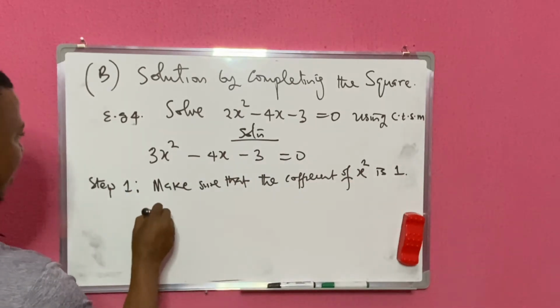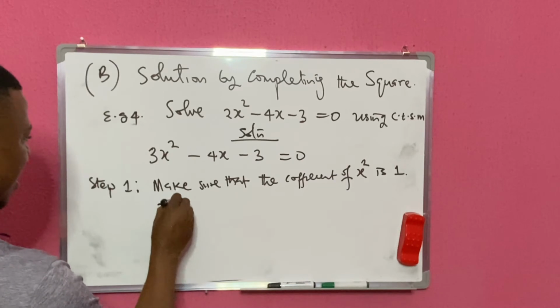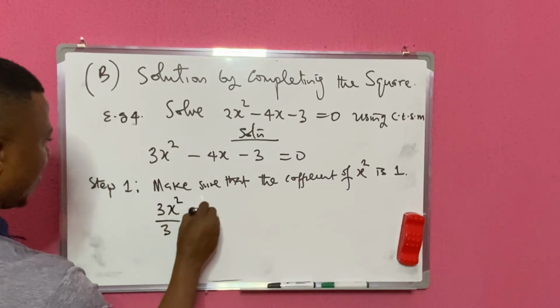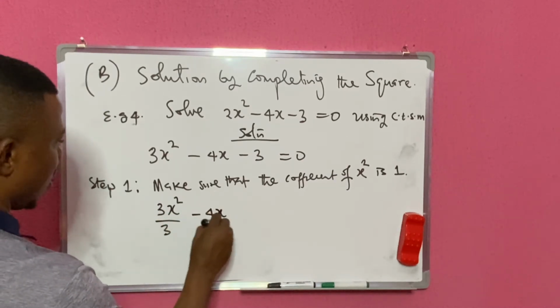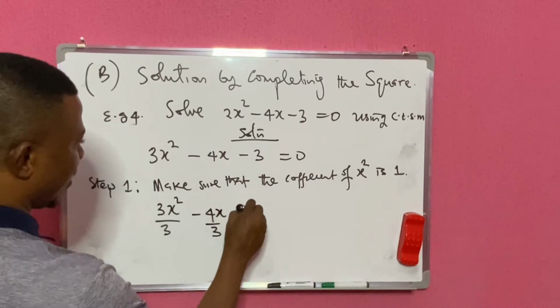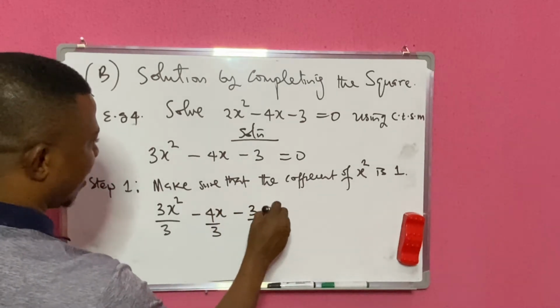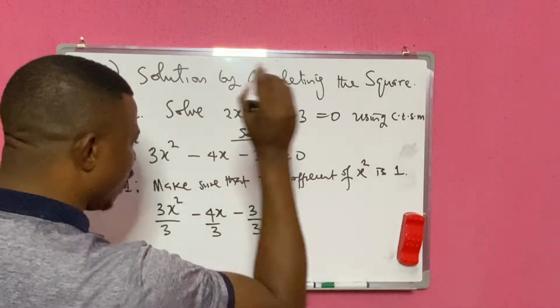You have over 3, over 3, over 3, over 3.